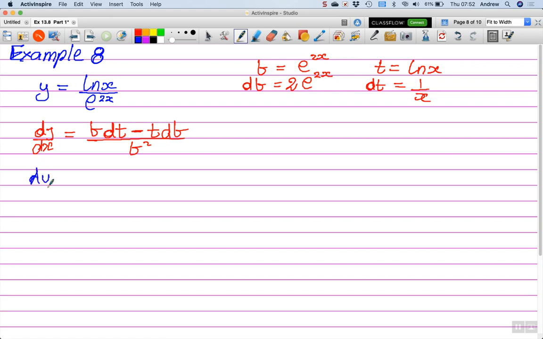So dy dx is equal to the bottom, which is e to the 2x, times the differential of the top, which is 1 over x, minus the top, which is ln x, times the differential of the bottom, which is 2e to the 2x, all over the bottom squared, which is e to the 2x to the power of 2.